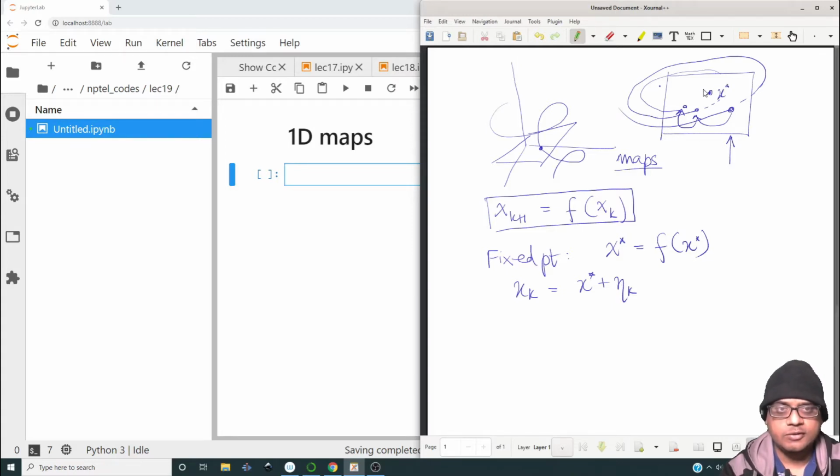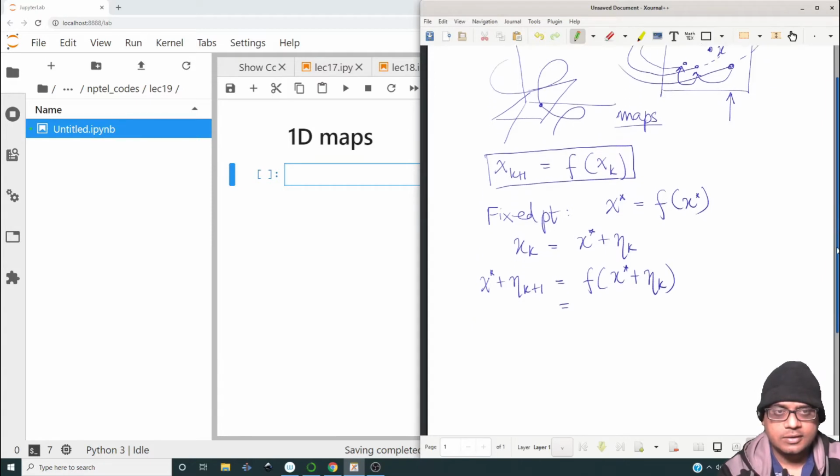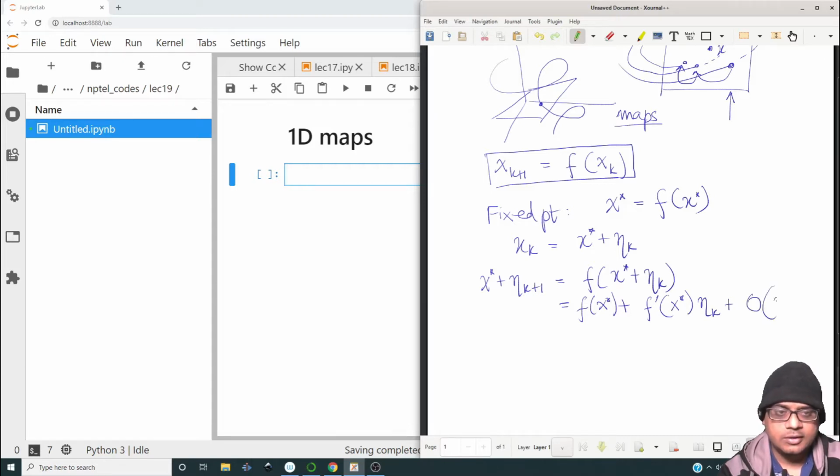Now xk plus 1, which is x star plus eta k plus 1, is equal to f of x star plus eta k. We can make use of the Taylor series and write this as f of x star plus f prime of x star times eta k plus order eta k squared.